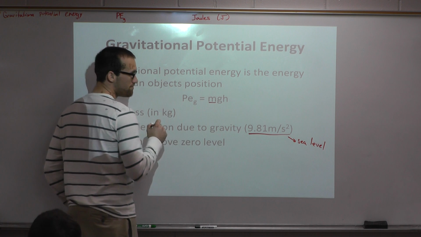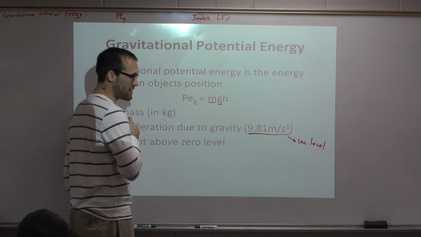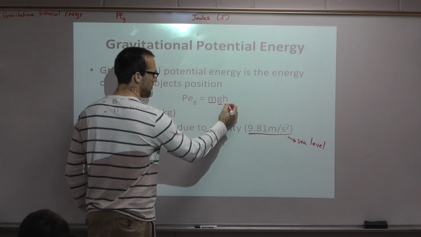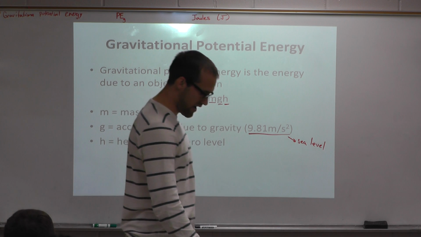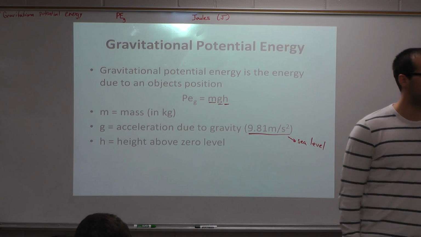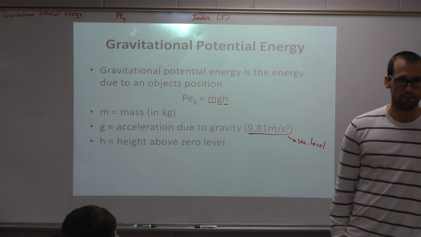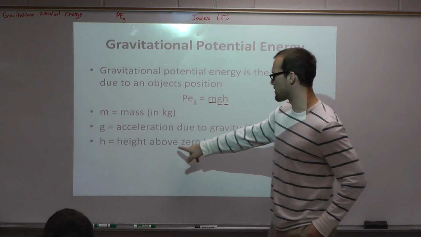Now, we've got m. What is m? Mass. And g is a constant, just how much gravity accelerates an object. What does h stand for? Height above zero level, okay? And if I have this on the ground, does it have any potential energy to gravity? No. Let me explain what I mean by height above zero level.